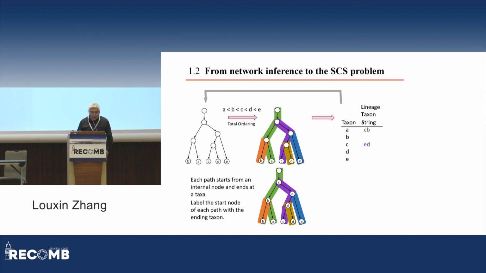With this ordering, we can decompose this tree into a set of paths. This is how we do it. First we consider the smallest taxon, A for this example. We just move up from A to the root. Then we get the first path.